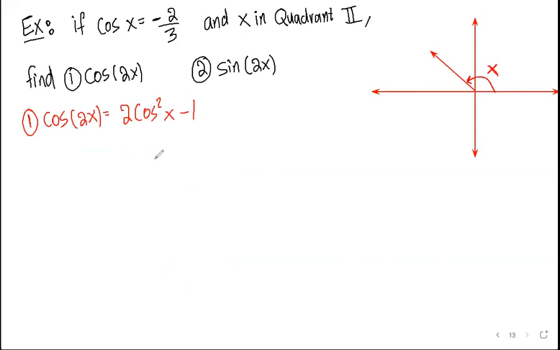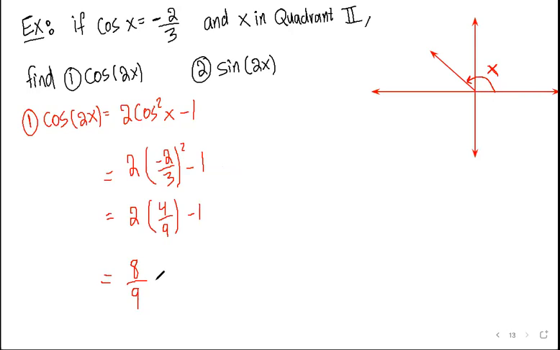Cosine of x is given. So this is equal to 2 times minus 2 over 3 squared, minus 1. That is 2 times 4 over 9 minus 1. Now 2 times 4 is 8 over 9 minus 1, and this is equal to negative 1 over 9.